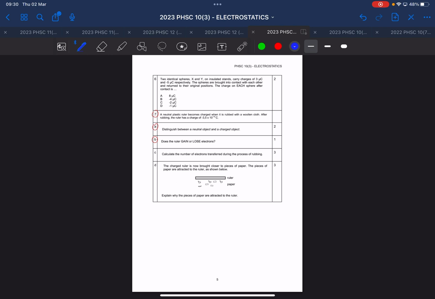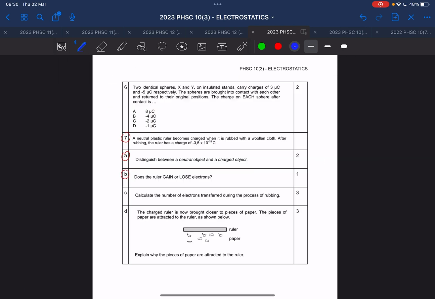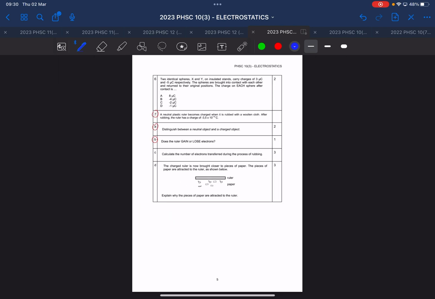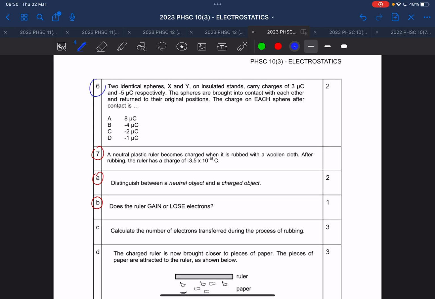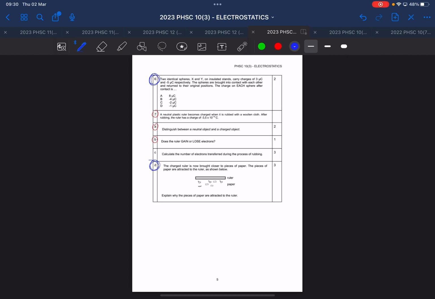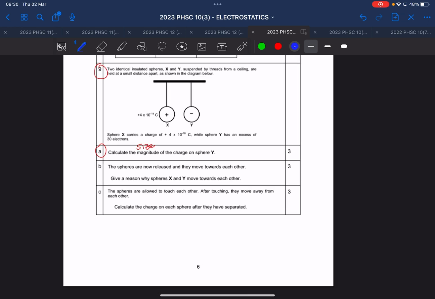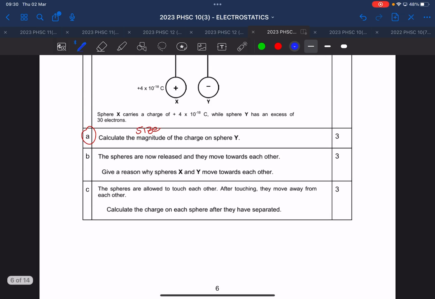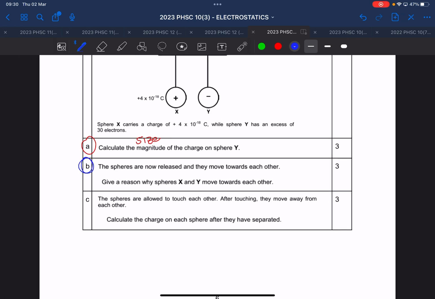I think we only did B. Did we do C together? Okay, alright. For 6, I want you to do D as well. And then I want you to do 9, B, and C for homework.